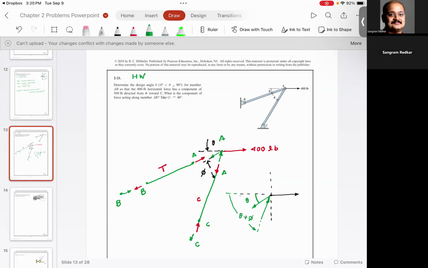Are you with me? Then it would be easier for you to resolve the forces in the x direction and in the y direction. Okay.